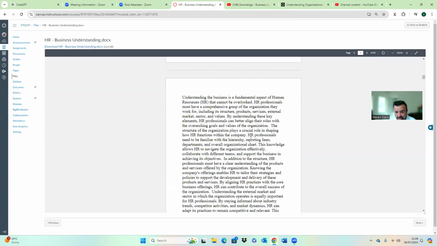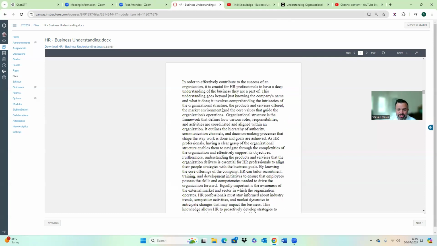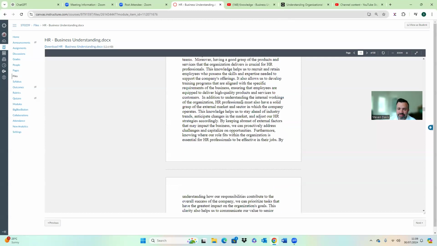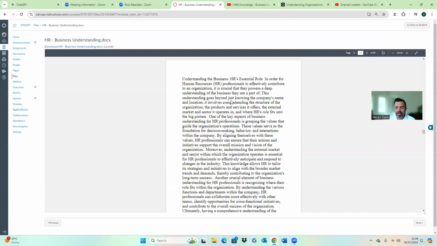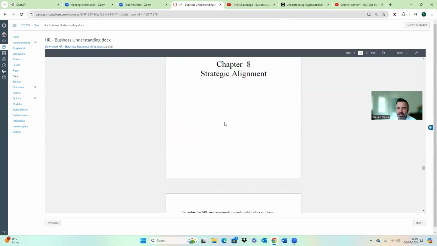So understand the functions of HR, looking at your organizational structures, how they're set up, looking at your knowledge, products and services, and understanding the external marketplace, and then your role within that organization. Looking at those values, so you can see how important it is to understand those values, and then looking at the application in role, so this is you applying it, and looking at strategic alignment.